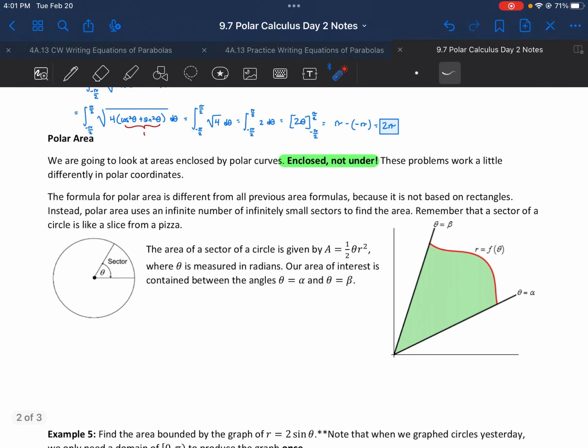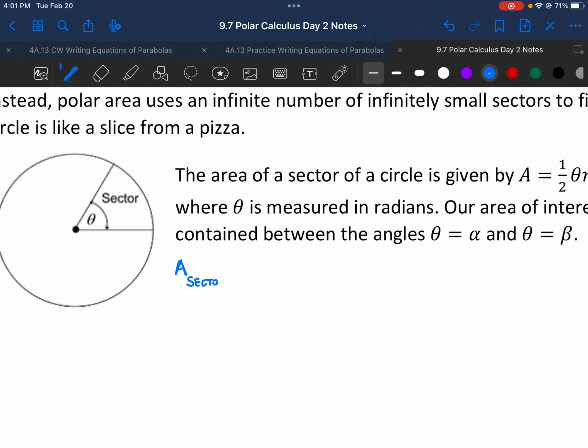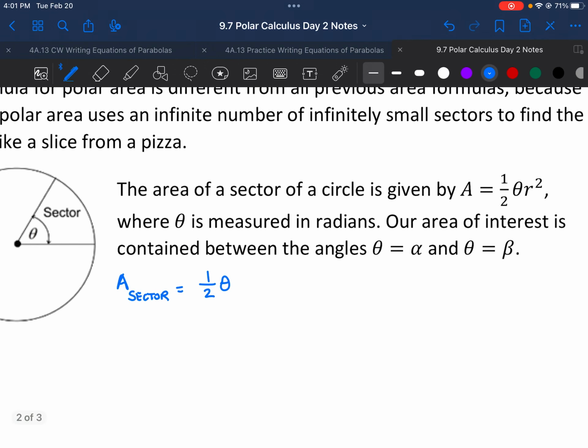Okay? So let's say we had some polar curve generated by r equals f of theta, so r is a function of theta, and alpha to beta are the angles that we're interested in. Well, let's think about the area of a single sector. We know the area of a sector is 1/2 theta r squared.